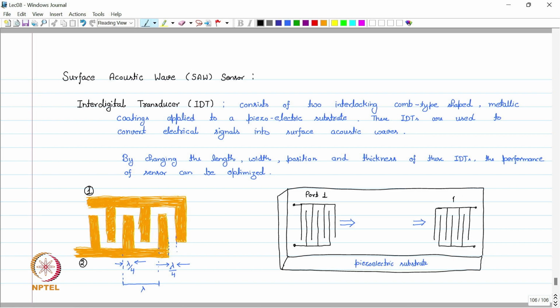This is port 2. And this center zone is our sensing zone.